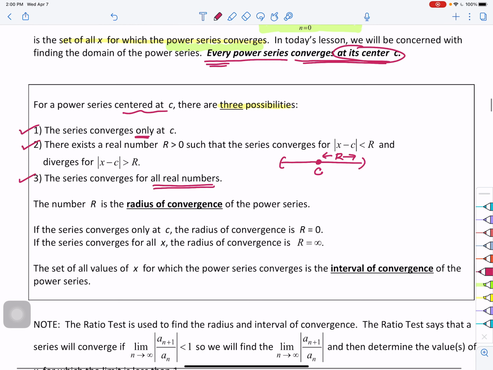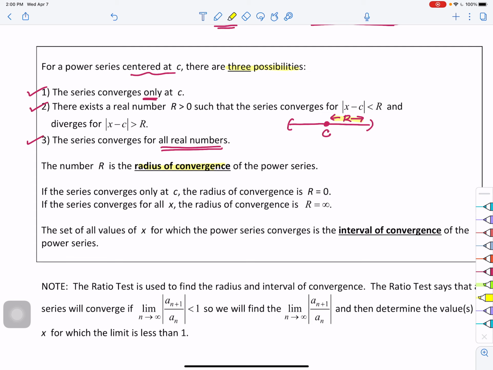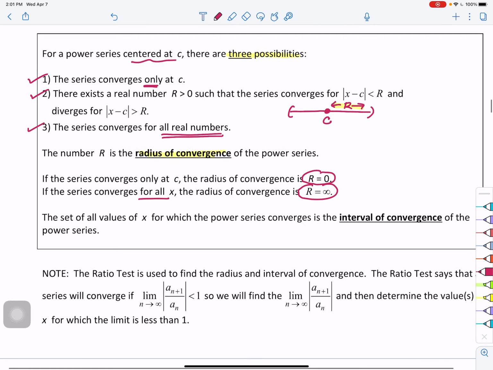The number r, this number r right here, is the radius of convergence of the power series, and that is something that is of interest to us. If the series only converges at the center, of course the radius of convergence is 0. If the series converges for all x, the radius of convergence is infinity.